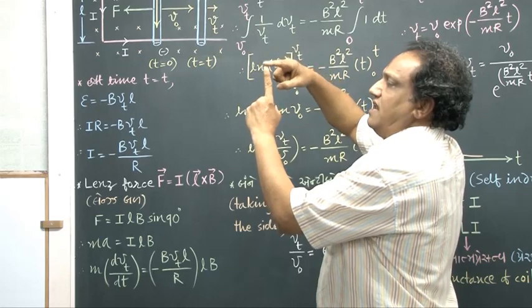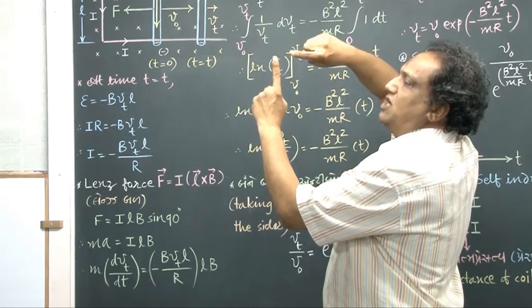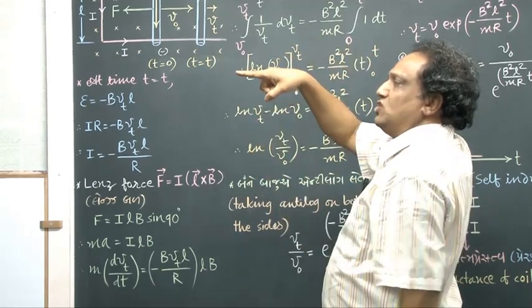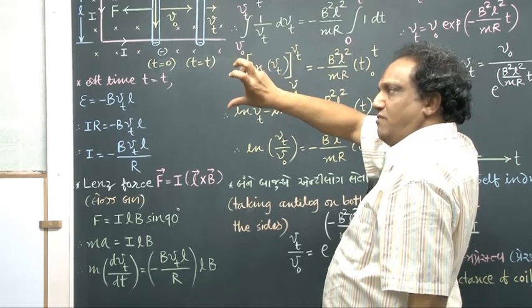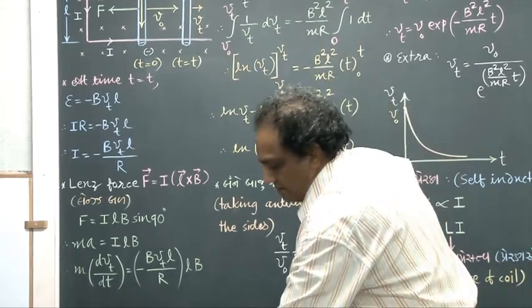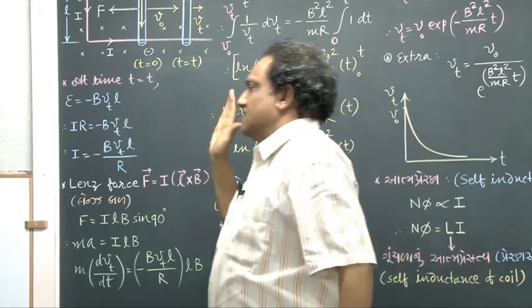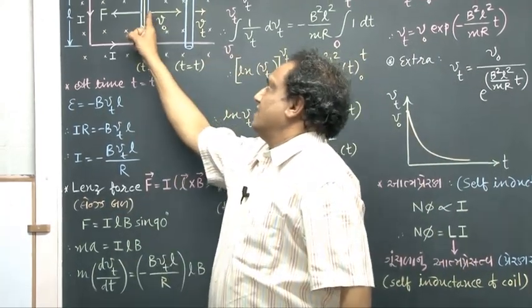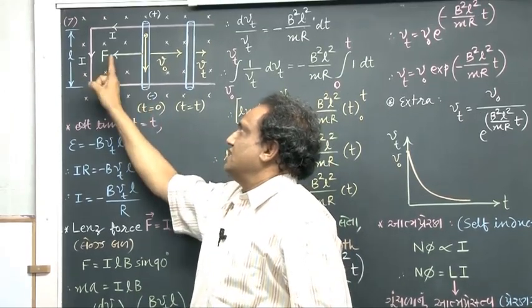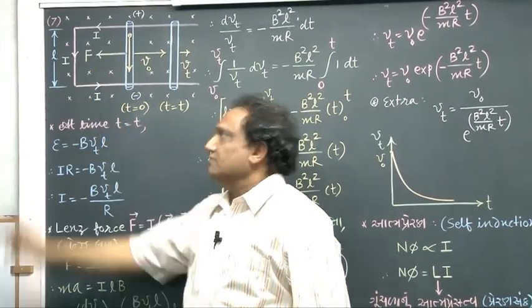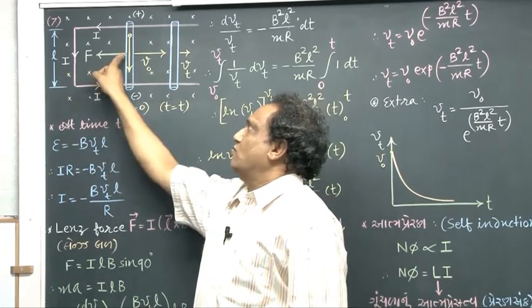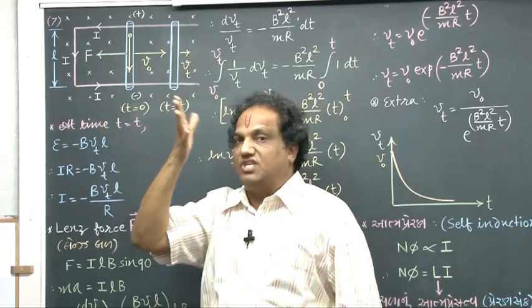First vector is vector L, second vector is vector B. I should rotate first towards second. So this screw, if I rotate this way, it will advance towards the left side, that is this way, correct? So this is the direction of Lenz's force, and because it is opposite to motion, we call it a resistive force.